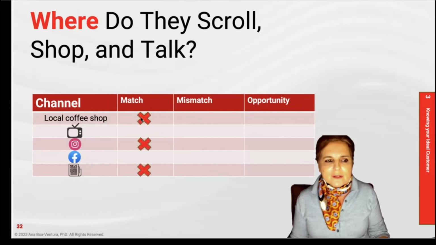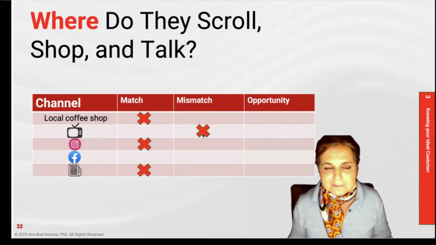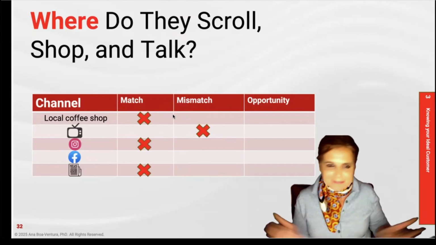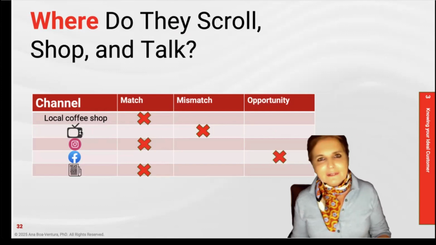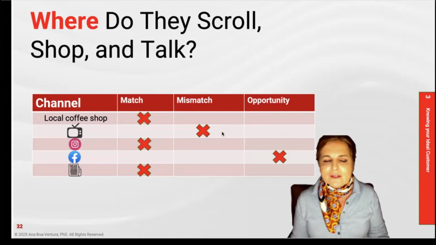Maybe for your business, a good match is the local coffee shop, Instagram, and a newspaper, but then the TV is a total mismatch, for you to actually pay for TV ads. Wow, that is expensive. In this case, it's just an example. There's a mismatch. And there's an opportunity here with Facebook, okay? Because advertising on TV, even local to some extent, is so expensive that it really needs to be a match to be worth it.